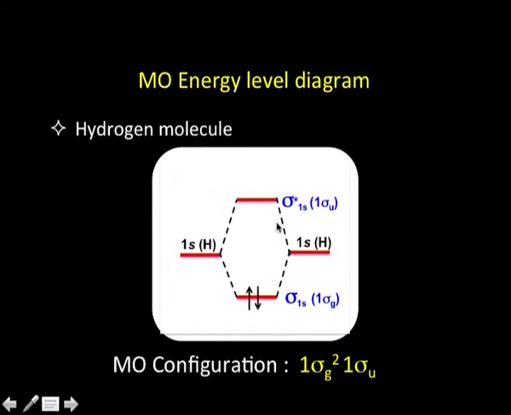It cannot go there because the energy is too high, so it will pair up over here. So we get 2 electrons in this orbital. As a result, we can write the molecular orbital configuration as (sigma g)^2 (sigma u)^0. That is, both the electrons are occupying the 1 sigma g orbital, or sigma 1s orbital, as we use this notation or this notation.